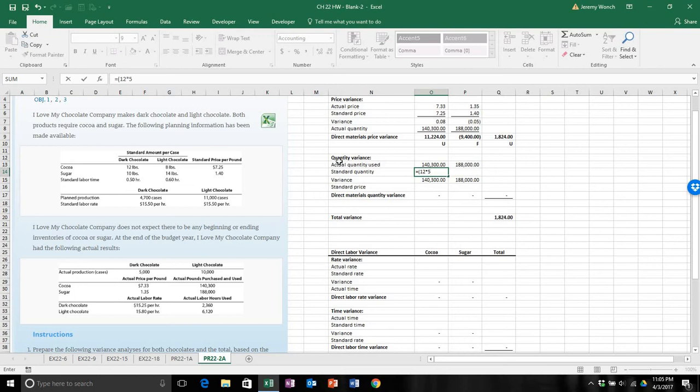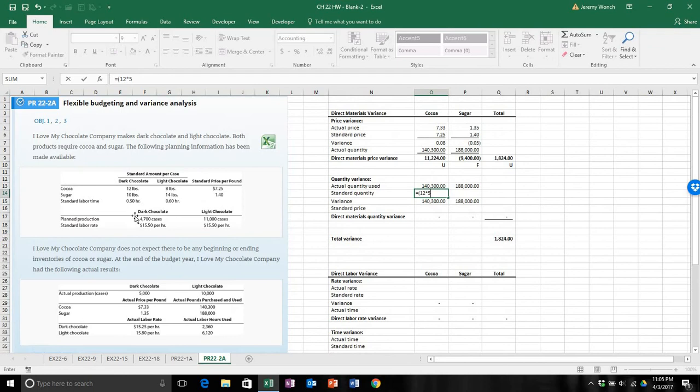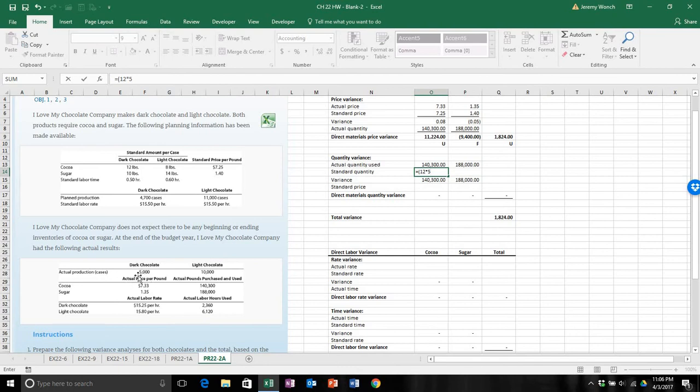So, because the quantity that we're talking about is actually the pounds of the cocoa and the sugar, we want to use the actual cases used.